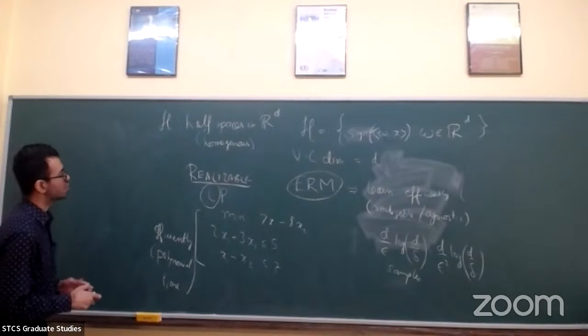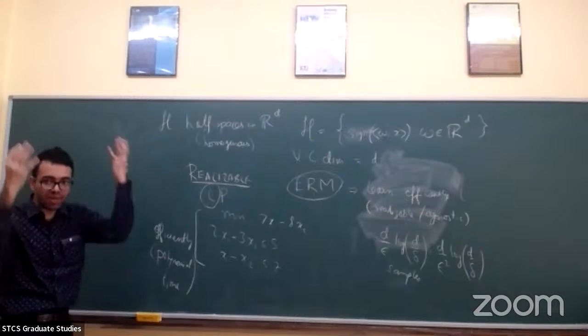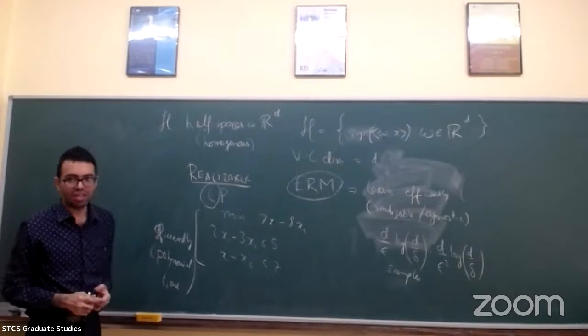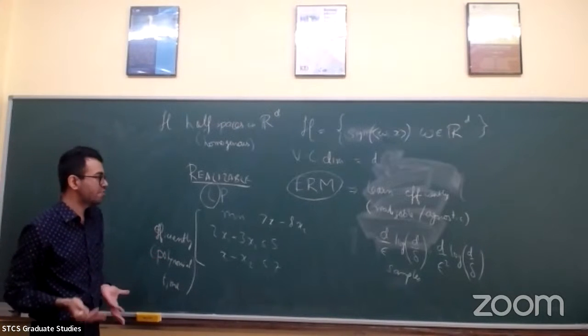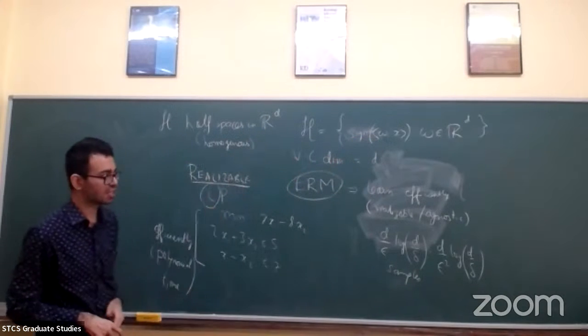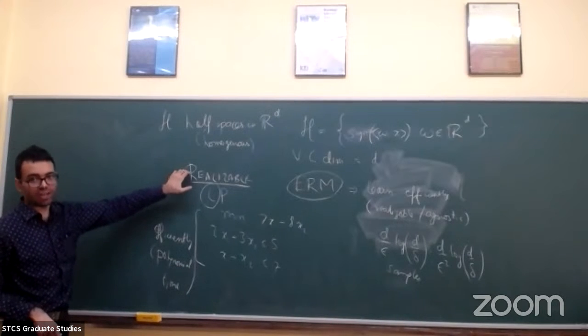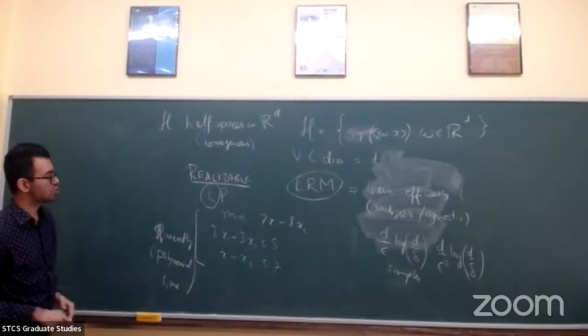So you're given a bunch of training examples. Remember, I said we sample some training data, and then we try to find the best fit hypothesis, which minimizes the error. So in the reasonable case, you know that the error can be made 0. So what does that mean?